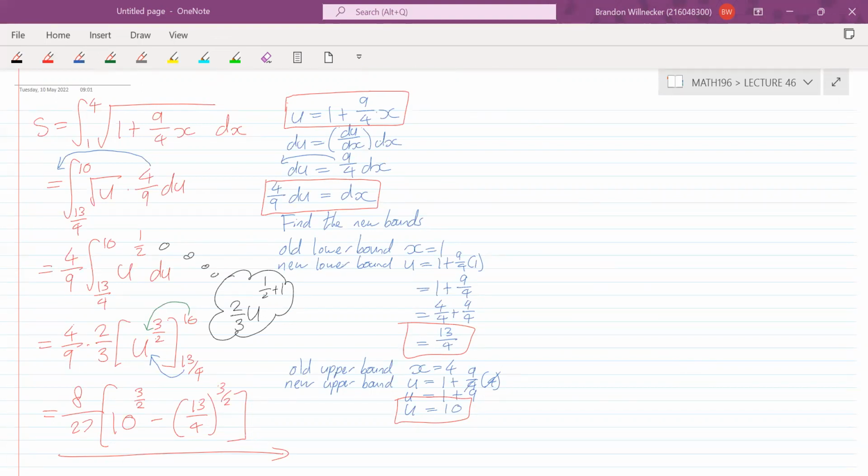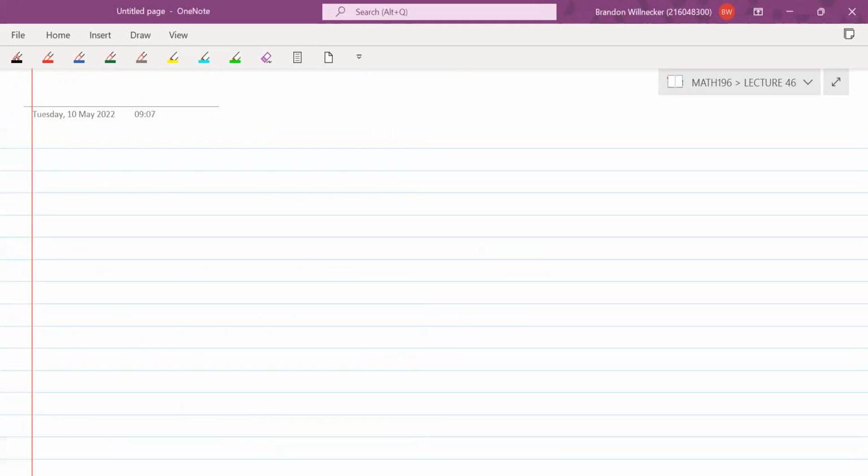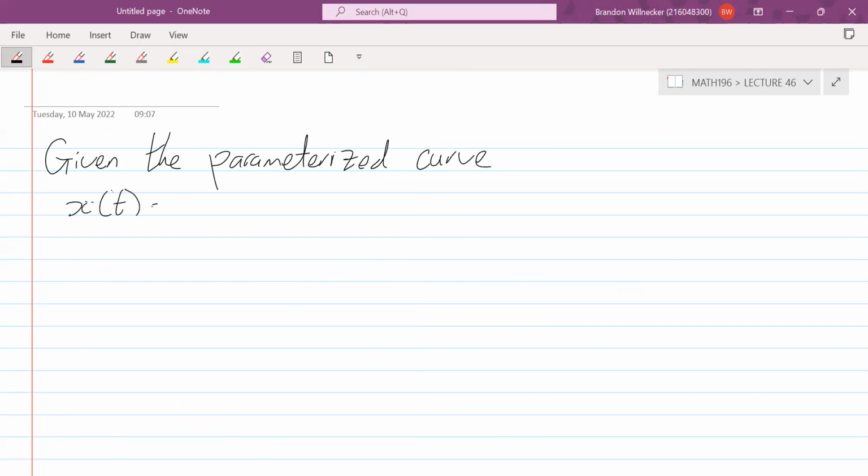Okay, let's take a look at using the other formula. Given the parameterized curve, x of t is going to be cos pi times t, and y of t is going to be sine pi t, where t goes from 0 to 1.